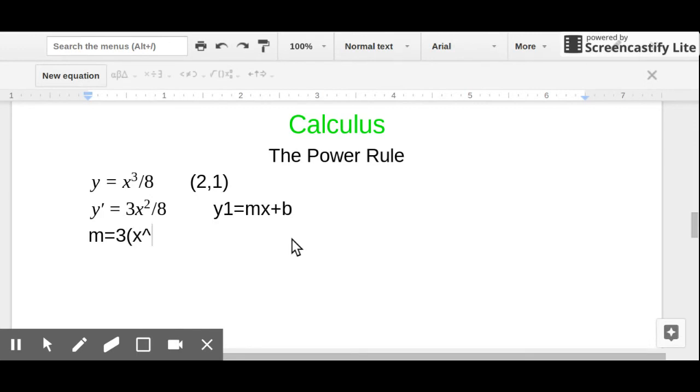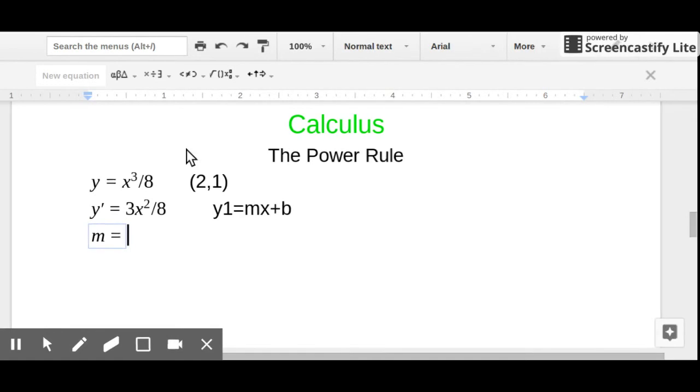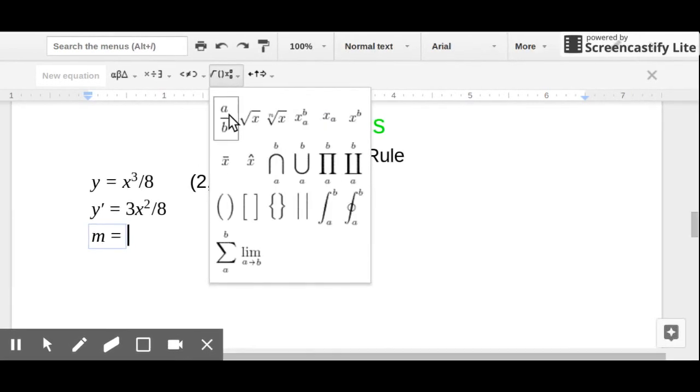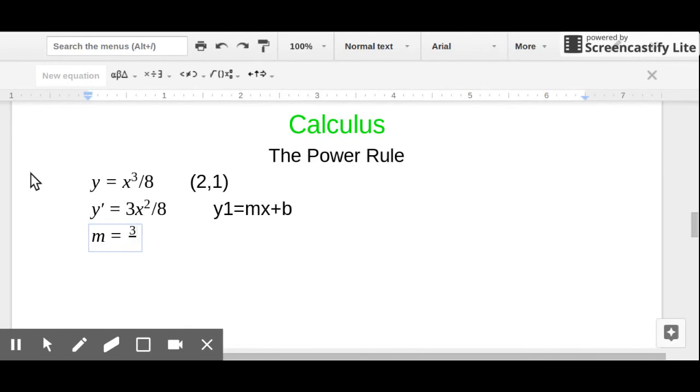I think I better just bring up this equation here, box, so we get the proper notation written in. m is equal to 3, and then we're plugging 2 in for x, so this becomes 2 squared, and it's all over 8.